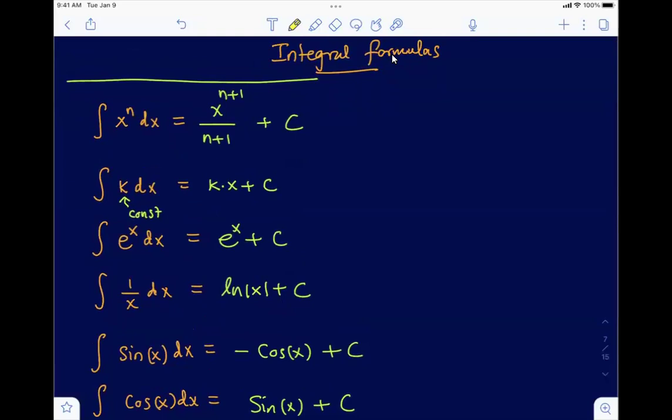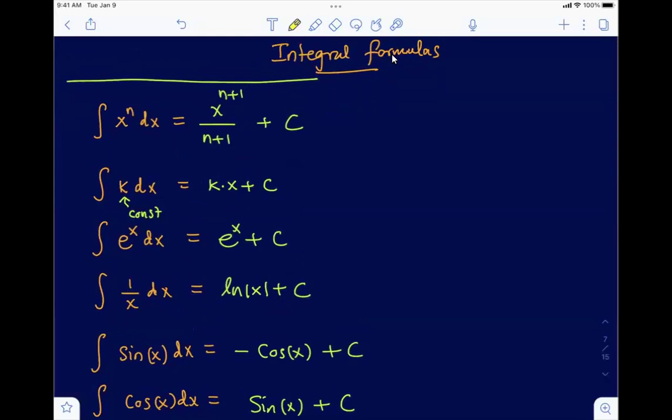Now think about integration of a constant. We know when you differentiate the right hand side, when k is a constant, and of course c is an arbitrary constant, this will disappear.